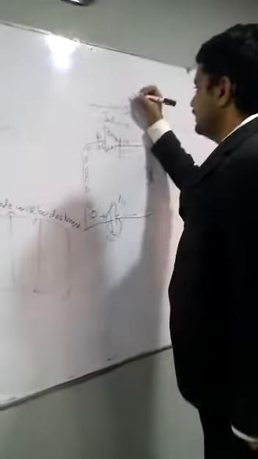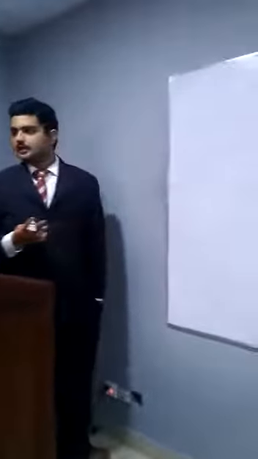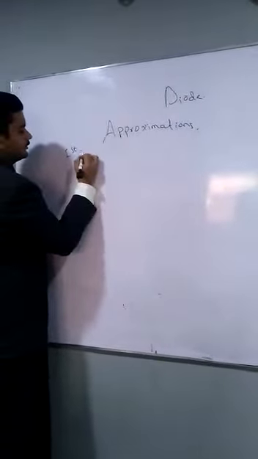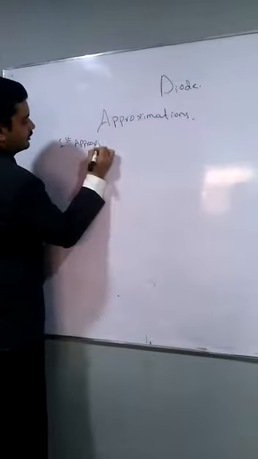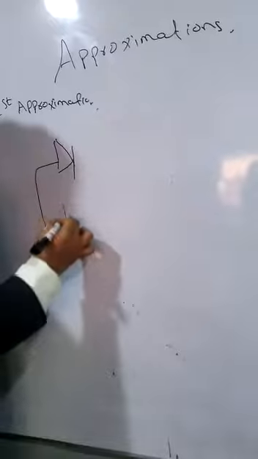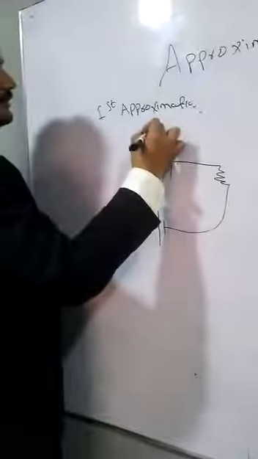It means that the potential barrier is zero, that is, VK is equal to 0, so its graph will be like this.